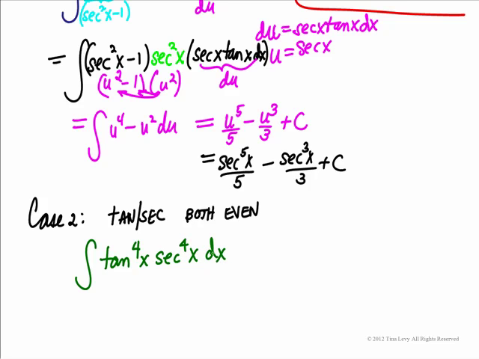And we have to think about how we would work this given our original antiderivatives and the Pythagorean identities. The minute we have secant to an even power, it's very nice because we can pull out secant squared, and du would then be secant squared x dx.